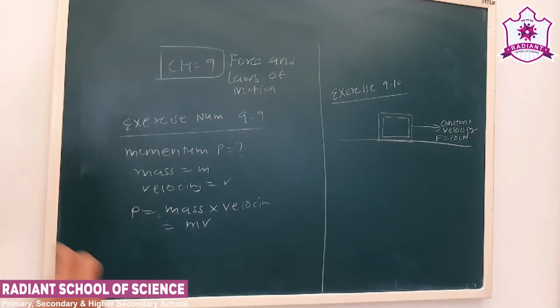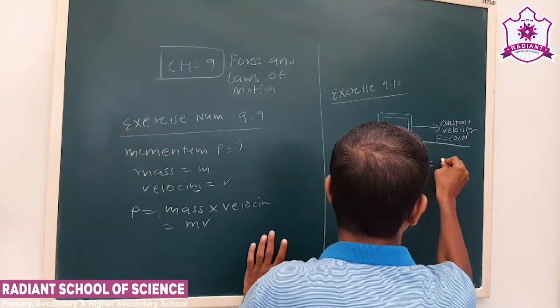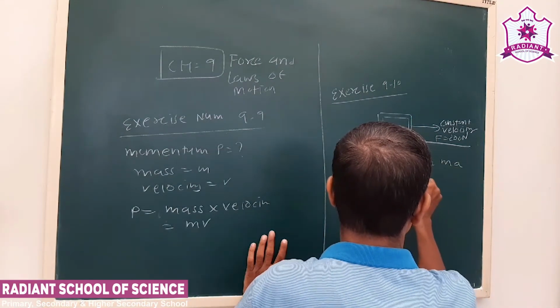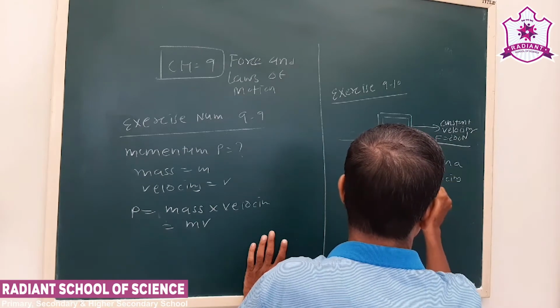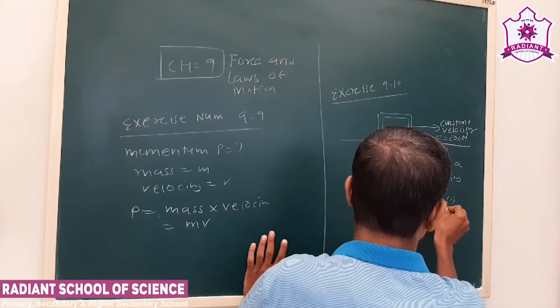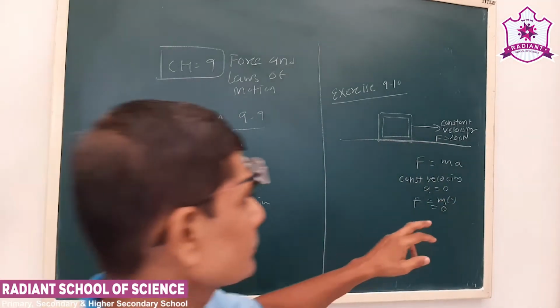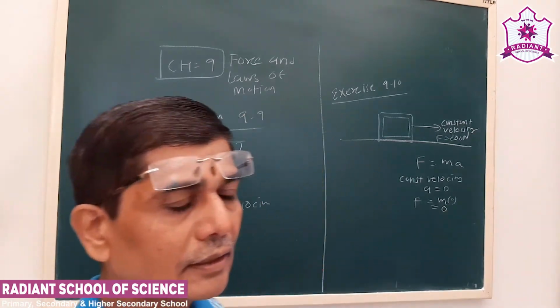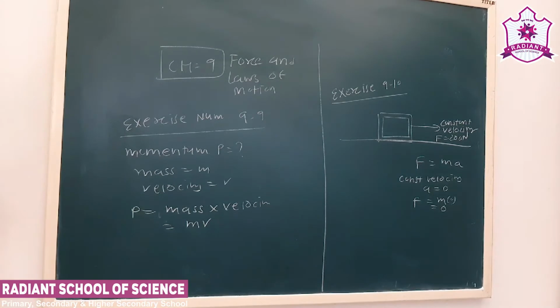Constant velocity means acceleration is 0, so the net force must be 0. So what is the friction force?